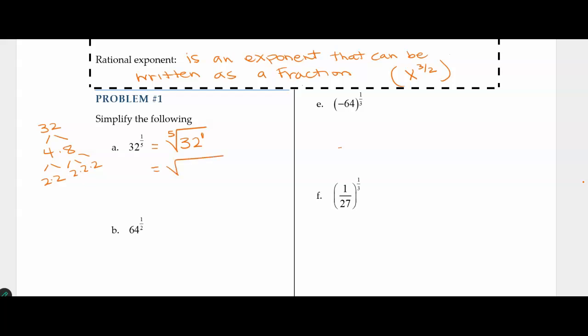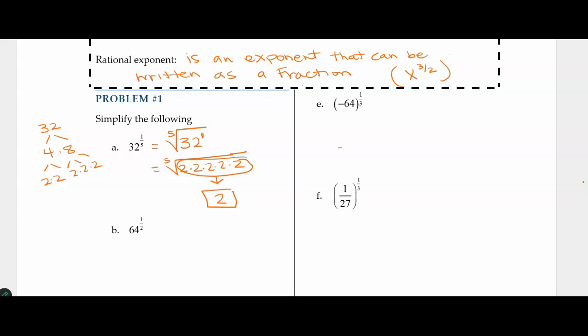So we really have the 5th root of 2 times 2 times 2 times 2 times 2. And remember, we need 5 of the same in order for them to come out, and we have 5. So they all get to come out and be a 2. So 2 would be your answer on that one.